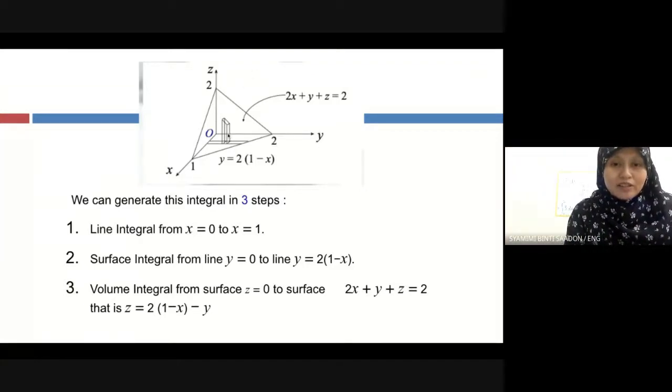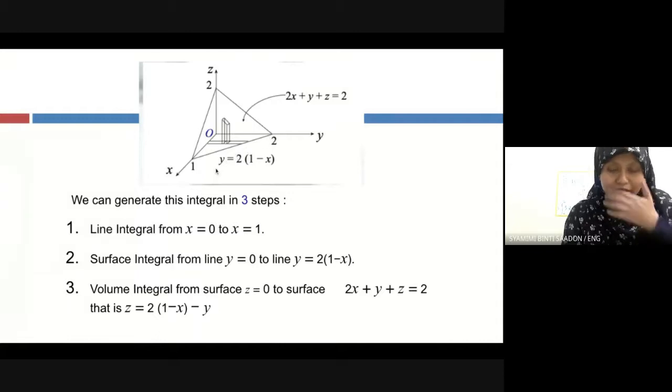Okay, if we sketch the surface in this plane, we have the integral from x = 0 to x = 1, and then we have an integral for y from 0 to the line y = 1 minus x, because we replace the function here.